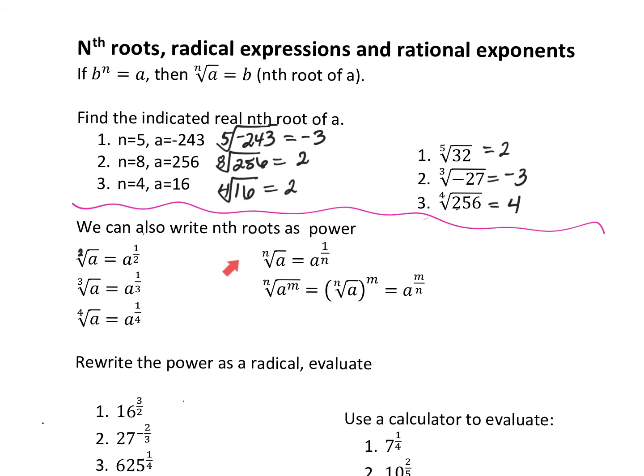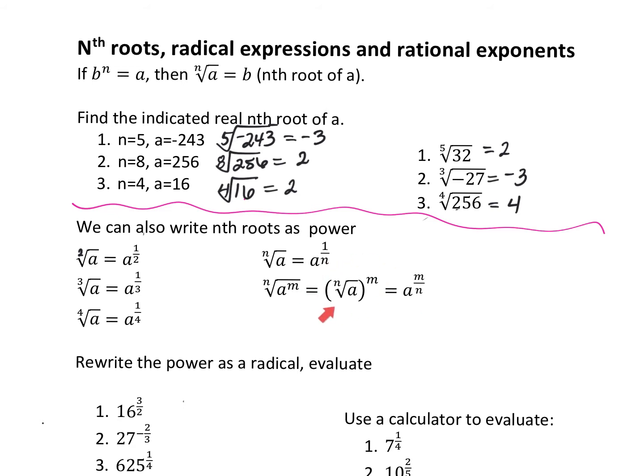So that means for the nth root, the root becomes the denominator of the fractional exponent. So the nth root of a is equal to a to the 1 over n power. And there are 2 ways to write a fractional exponent that has a numerator. If I have the nth root of a to the m under the radical, or the nth root of a all to the m power, those are both equal to a to the m over n.